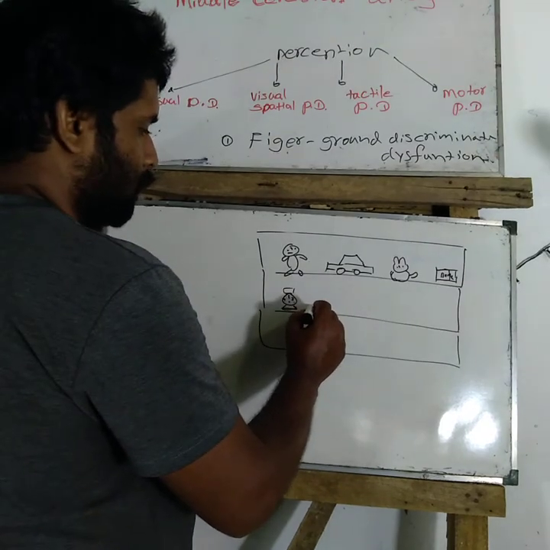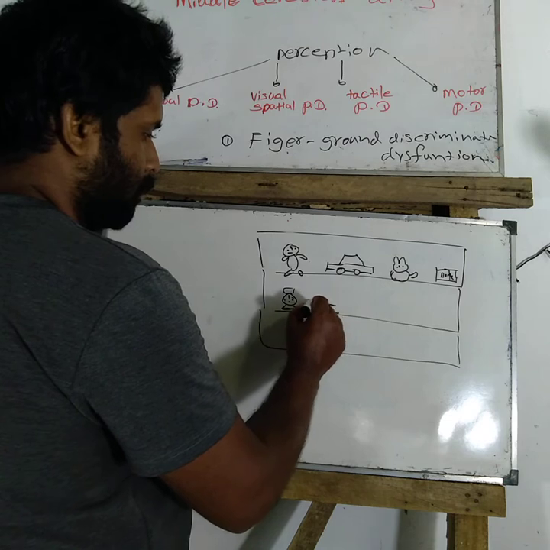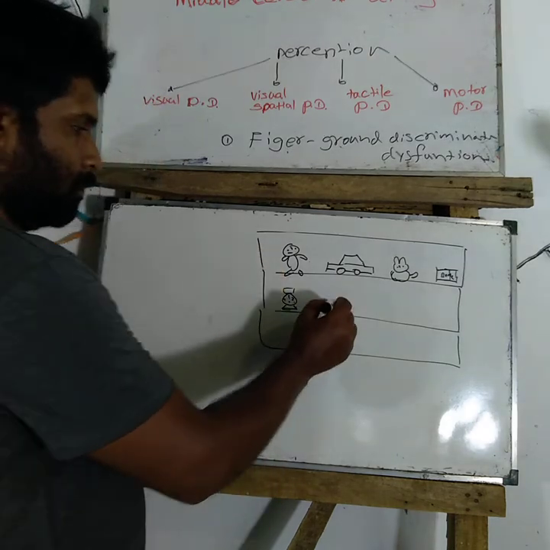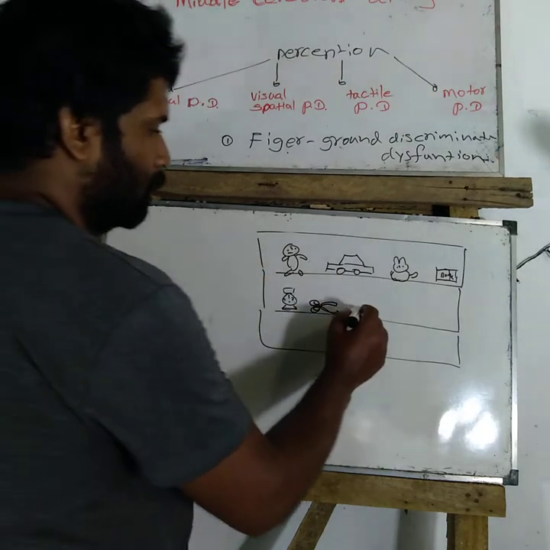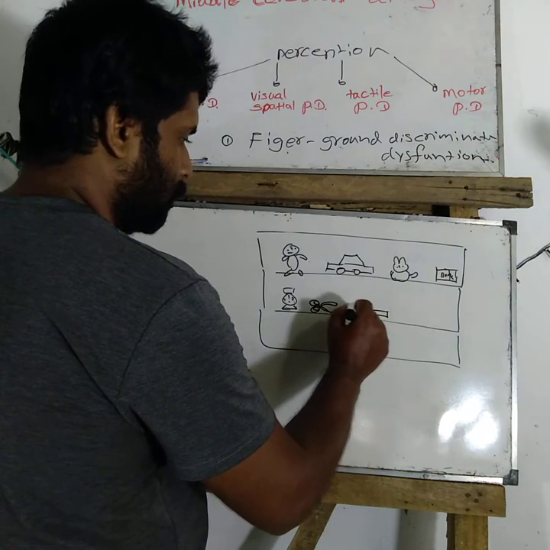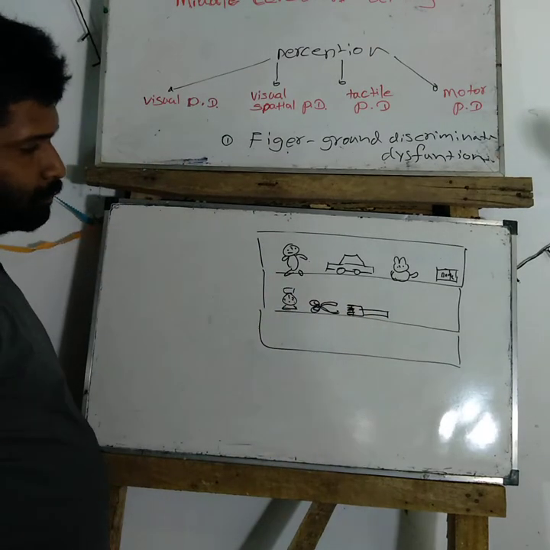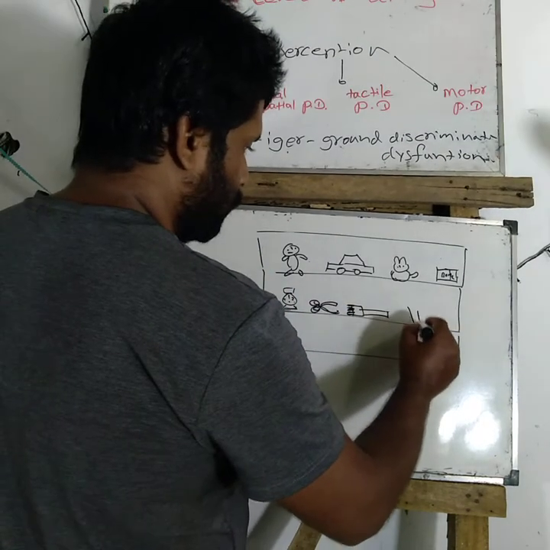This is the scissor. This is the paintbrush. This is the glass.